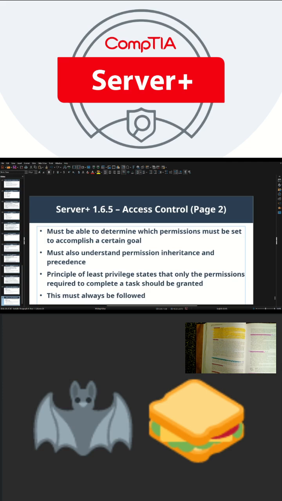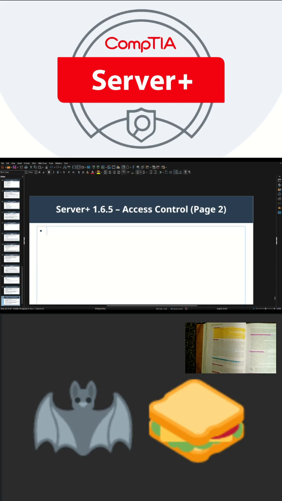So what we're going to do now, let's prepare for our next section. Let's duplicate our slide here, and we're going to get ready for 1.6.6, data at rest.